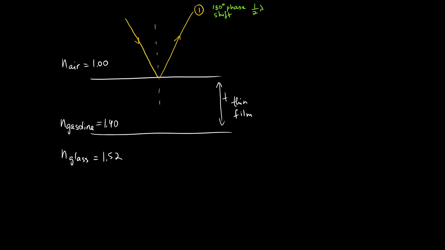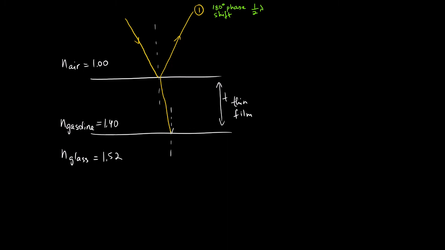And then some part of this incident light will be transmitted through the gasoline and hit the surface of the gasoline and glass. Well, look at this. The glass's index of refraction is greater than gasoline, so we have a phase change happening here as well.